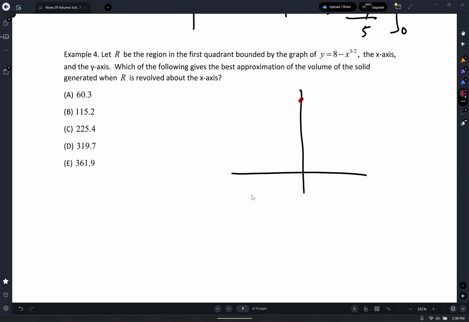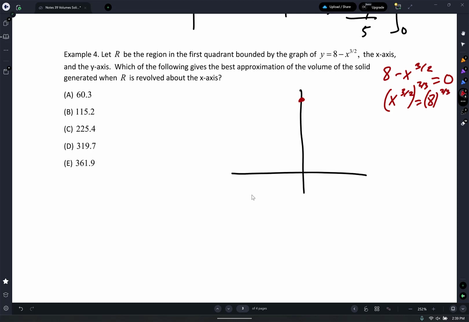I see that my y-intercept is 8. Do you guys see that? And here's what I see. 8 minus x to the 3 halves. When does this equal 0? Well, whenever x to the 3 halves equals 8. I believe 2 to the 3rd power. Let's see. Well, let's just do it. I'm going to raise this to the 2/3, and I'm going to raise this to the 2/3.